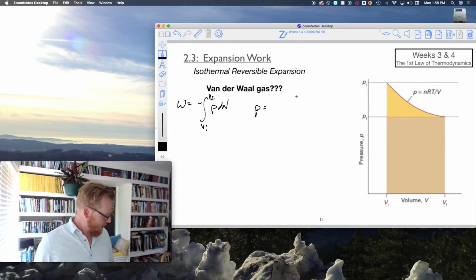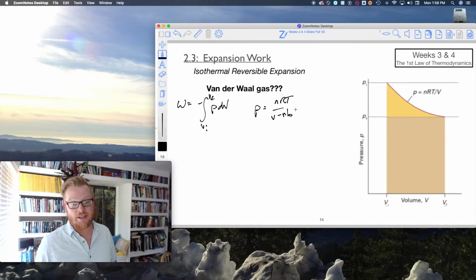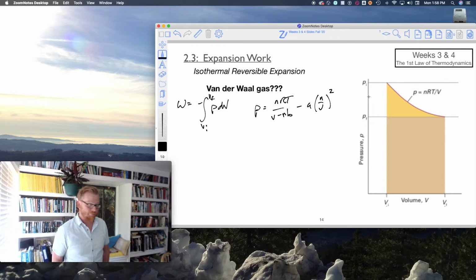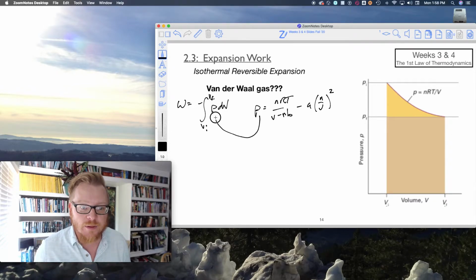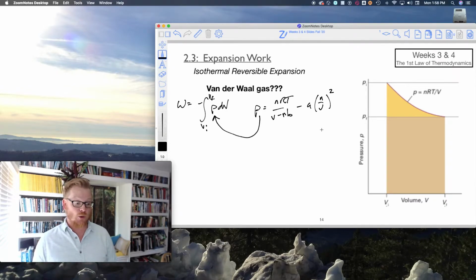But now what does P equal for a van der Waals gas? Well, it's nRT over V minus nb, minus a times n over V squared. So when you put in this value, you're going to integrate this whole expression.